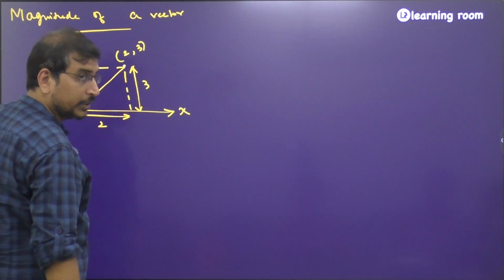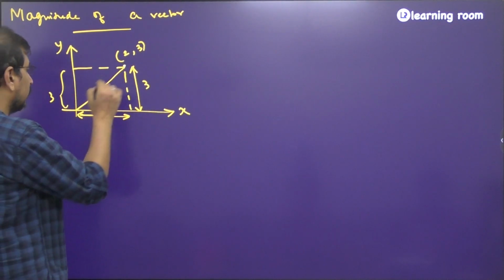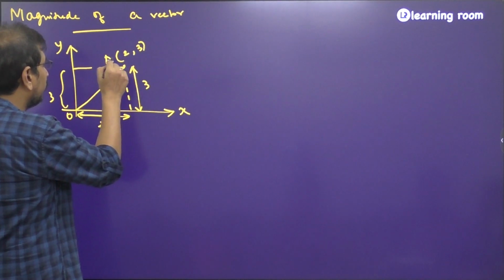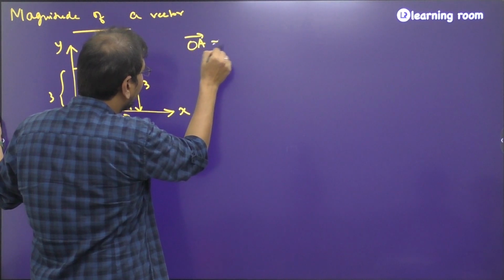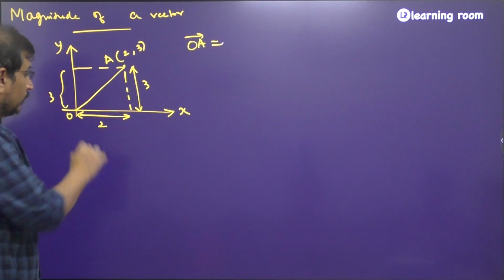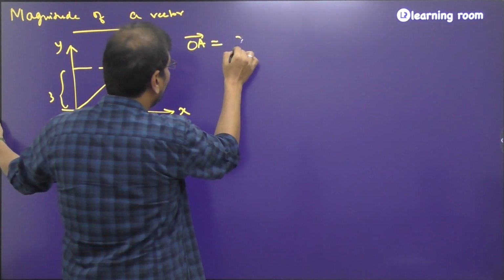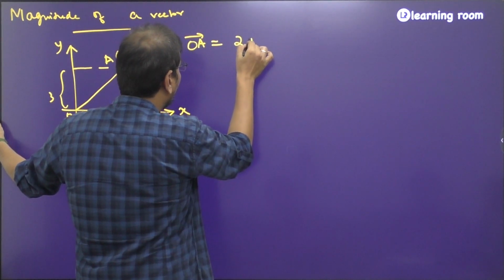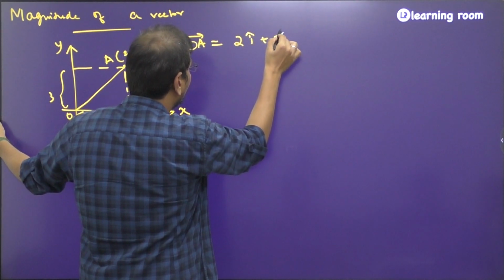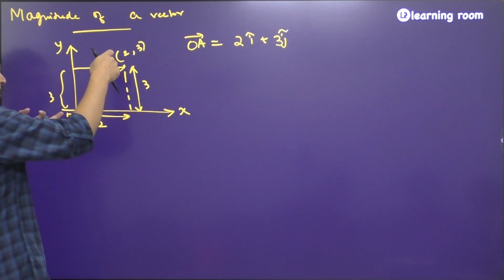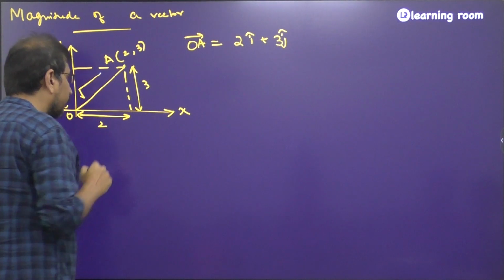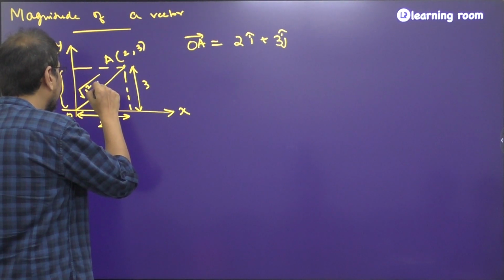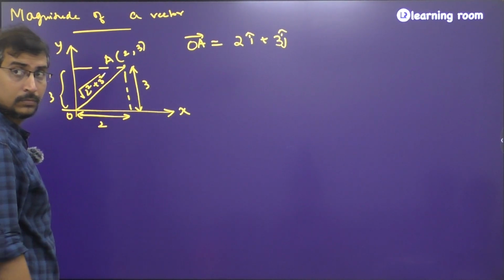From here to here, if I join it, and I take this to be OA, then how is OA vector written? OA vector is written as 2 I cap plus 3 j cap. So what is going to be the length of OA? Square root of 2 square plus 3 square.